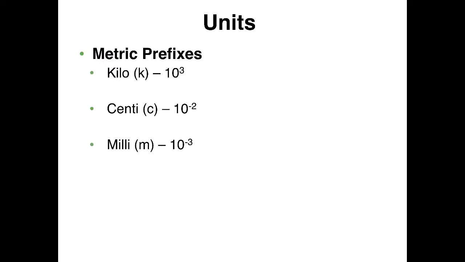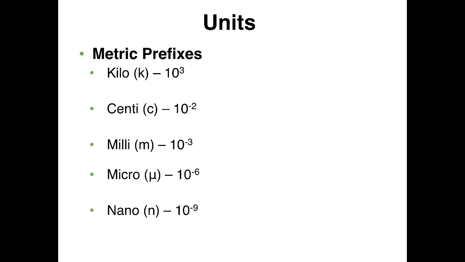A milli is a thousandth of whatever you're talking about. So a millimeter is 1/1,000th of a meter, and it takes 1,000 millimeters to make a meter, or 1,000 milliliters to make a liter. Micro is a millionth of whatever you're talking about. So a micrometer is 1/1,000,000th of a meter, and it takes 1,000,000 micrometers to make a meter.